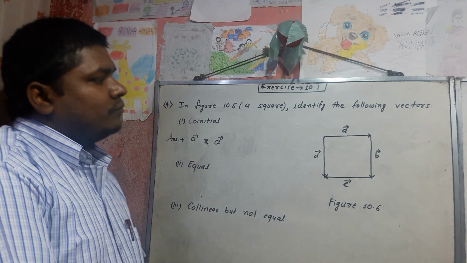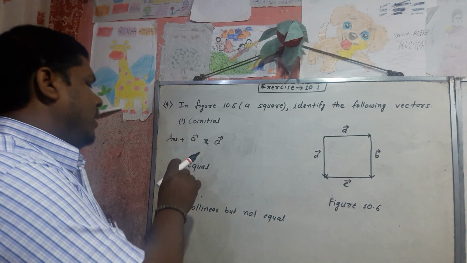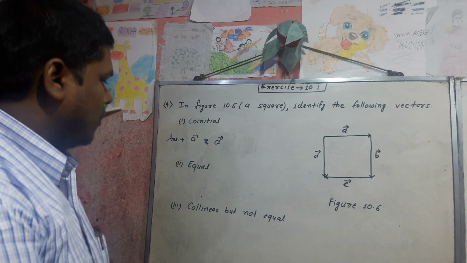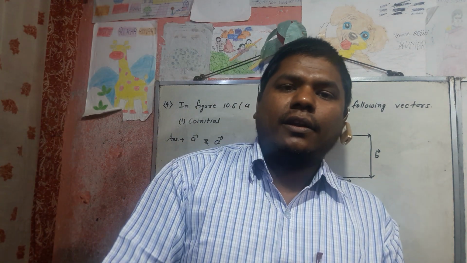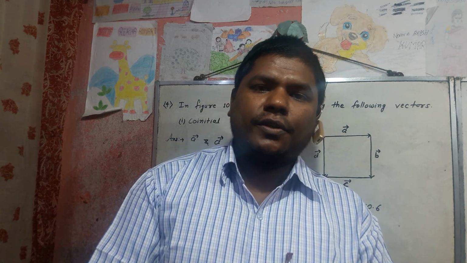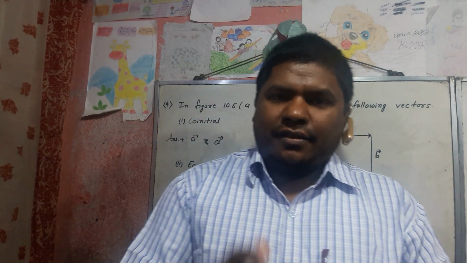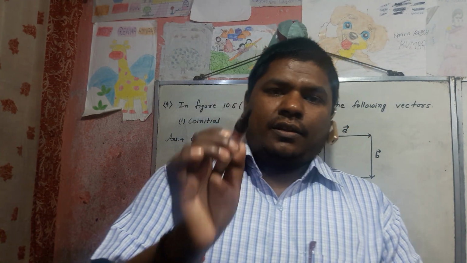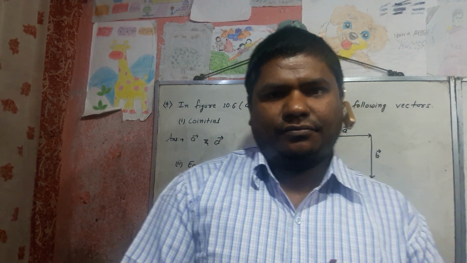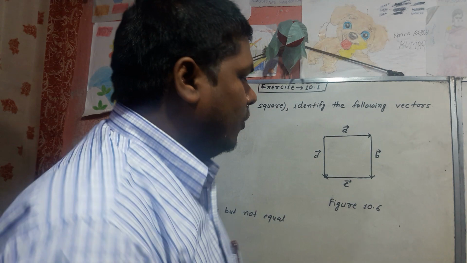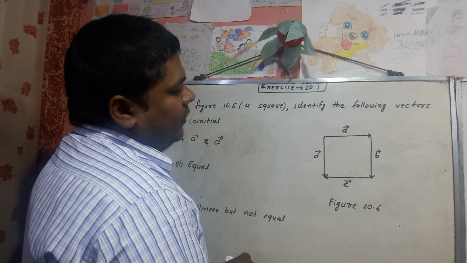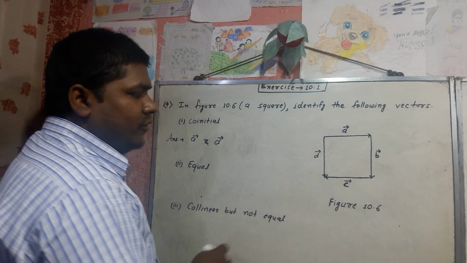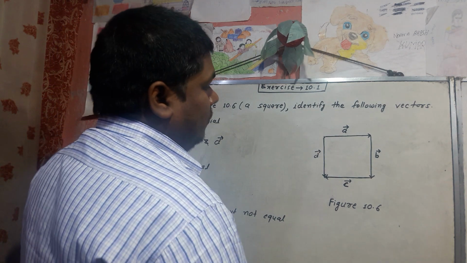Next question. Equal. We know that about equal vectors, two vectors A vector and B vector are said to be equal if they have same magnitude and same direction. Now we see in the figure which vectors have same magnitude and same direction.